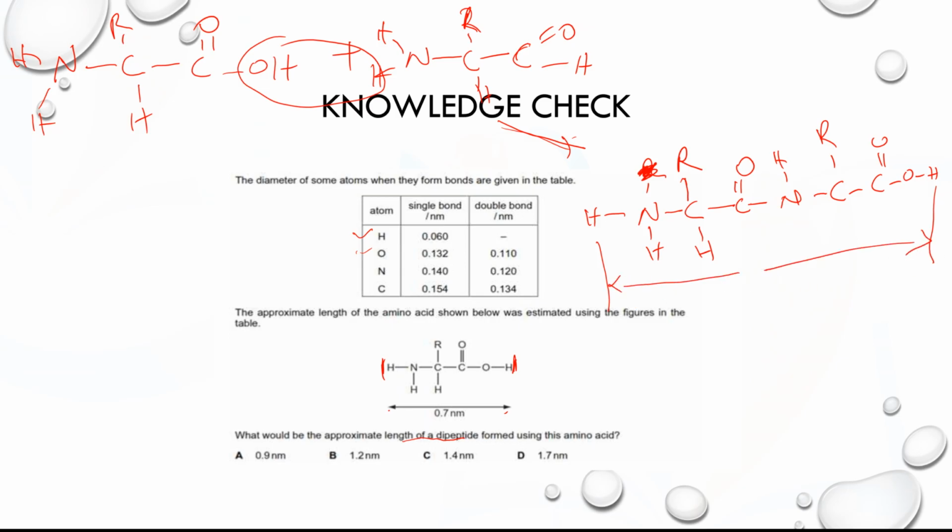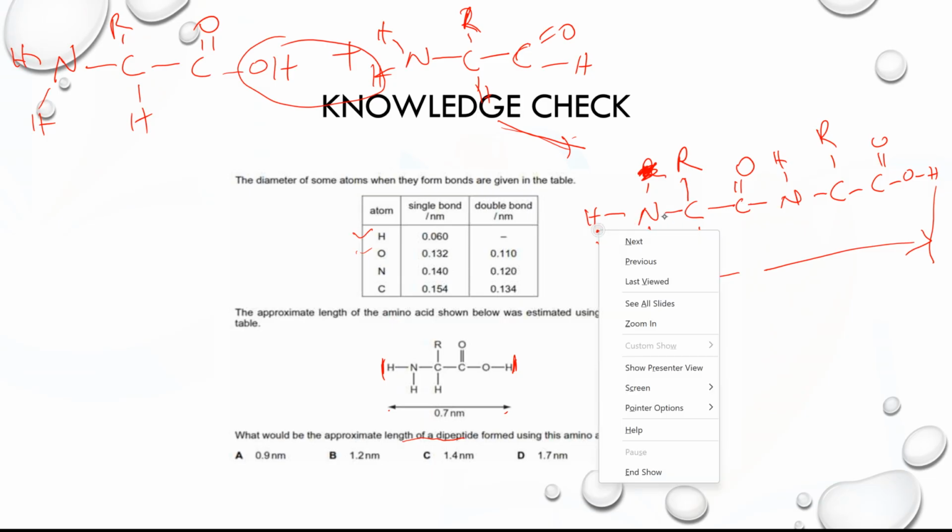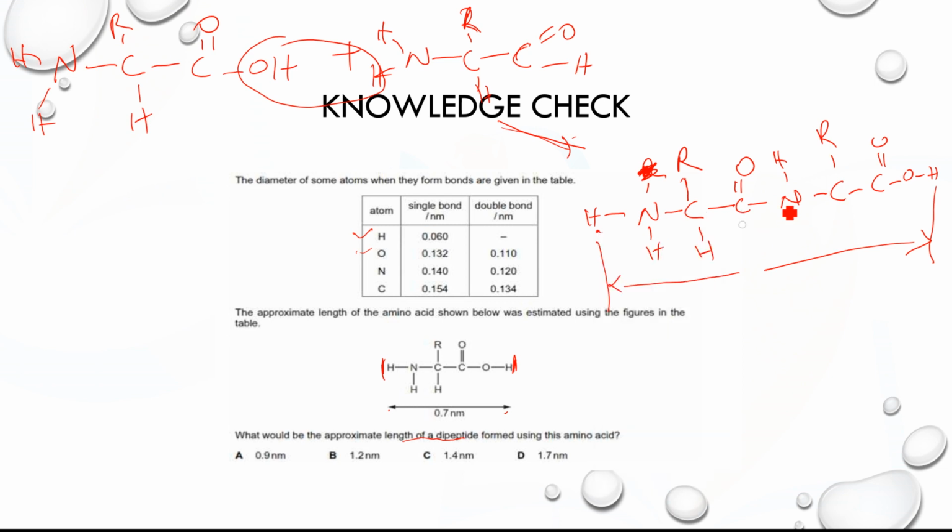So what is the length here? Let's calculate. Remember, just add up. This is hydrogen, nitrogen, carbon. This is the length here, guys. I'll ask myself, how many hydrogens do I have here? This is number one, this is number two. So I have two, and it's a single bond.